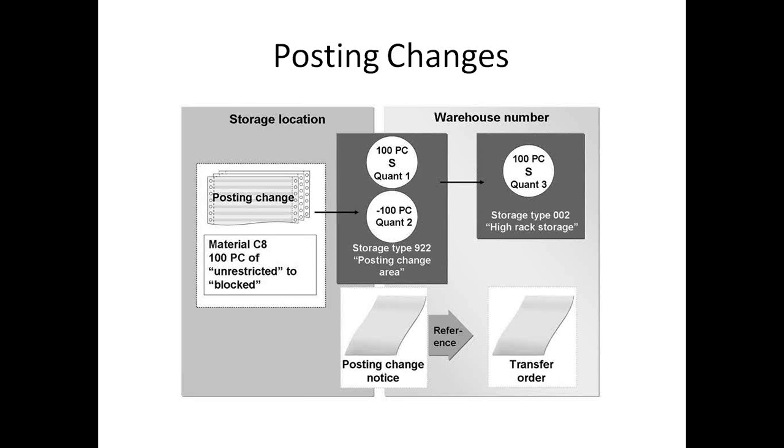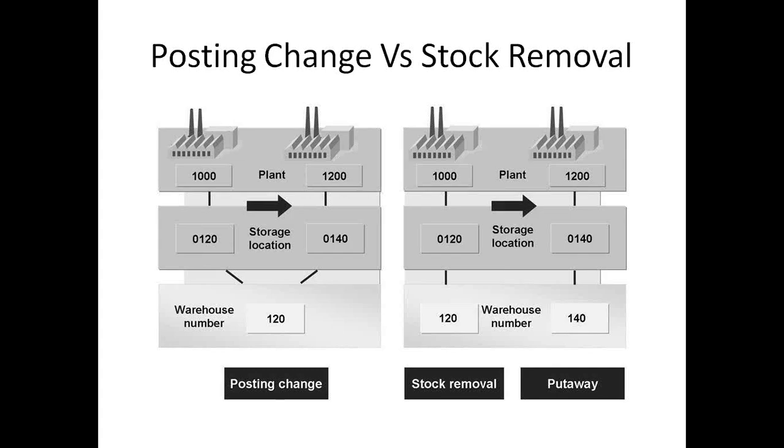For example, if you see the left side, two plant storage location combinations are assigned to one warehouse number, right? Yes. But on the right side, they are assigned to different warehouse numbers.